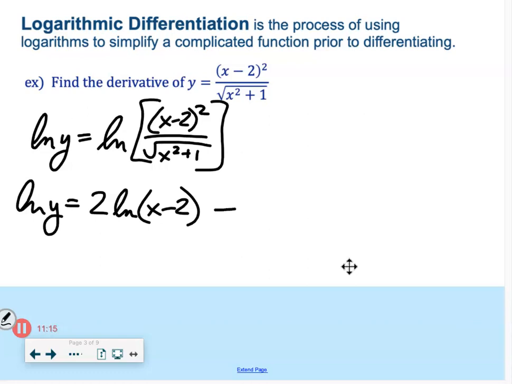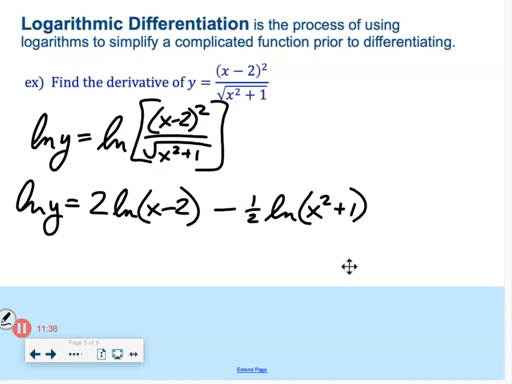Because it's division, right? Now I have this ln of x squared plus 1. What should go in front of that? 1/2. All right. Are we all comfortable with expanding the log? Yes. Okay, good.